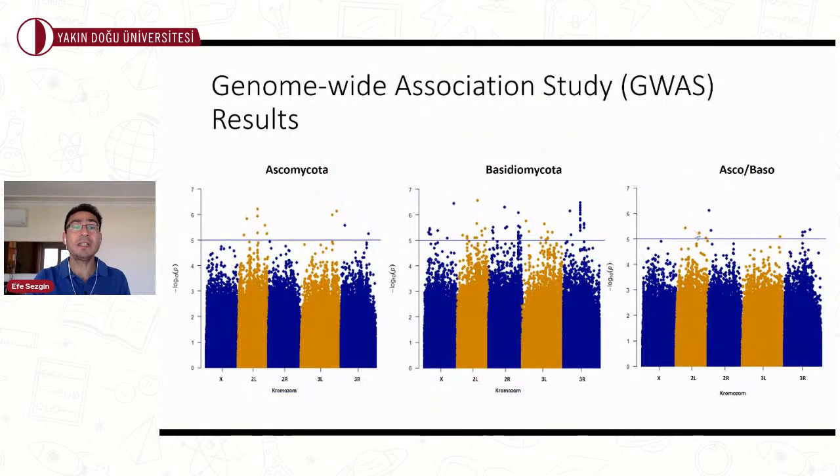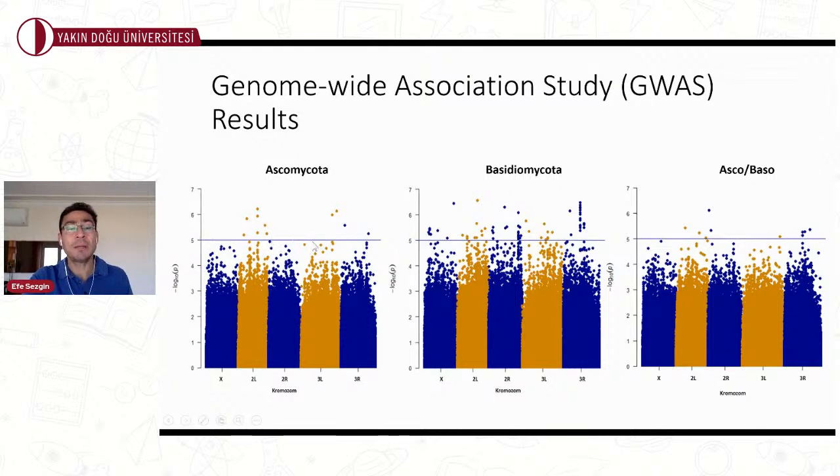All right, so then we did this genome-wide association study. What does it mean? Because the genomes of these fruit flies have been sequenced, we can get them from the servers, download them, and then do a genetic association study. This is over 1 million variants. So again, these are the individual results. In the y-axis, you see the p-value.